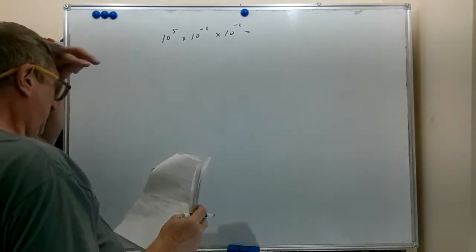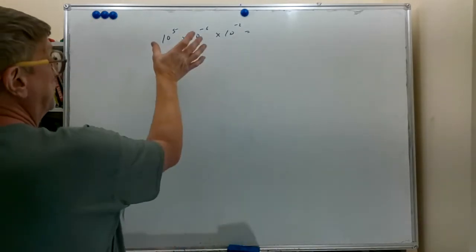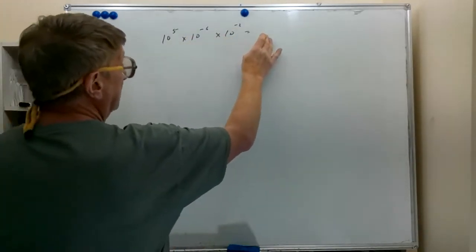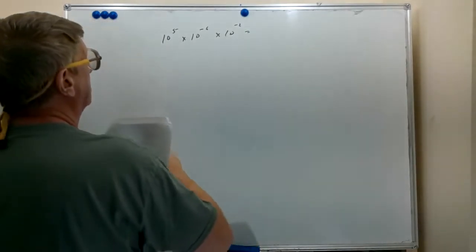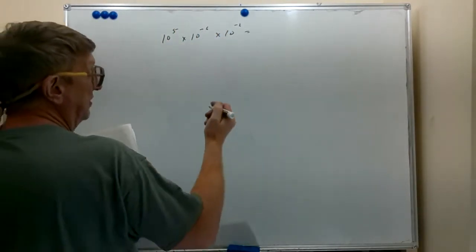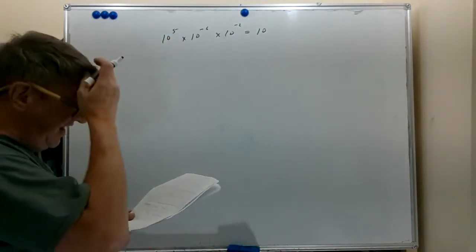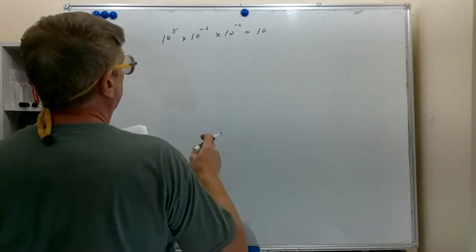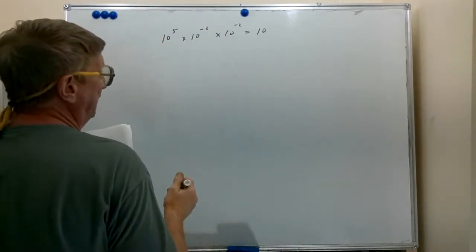Well, we multiply left to right like our order of operations says. So we're going to do this multiplication first. These are opposite sign exponents. The base always stays the same. 10 is the base. It doesn't change. So we're going to take the absolute value. Absolute value of 6 is 6. Absolute value of 5 is 5.